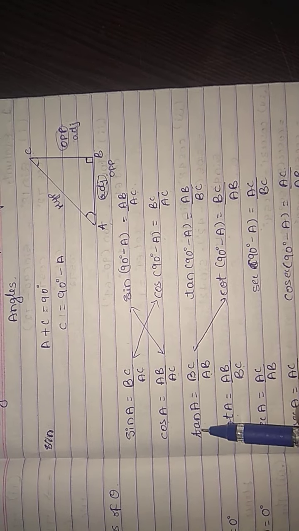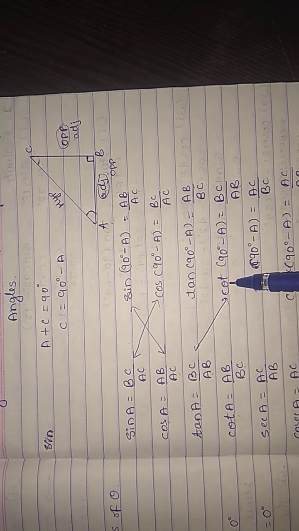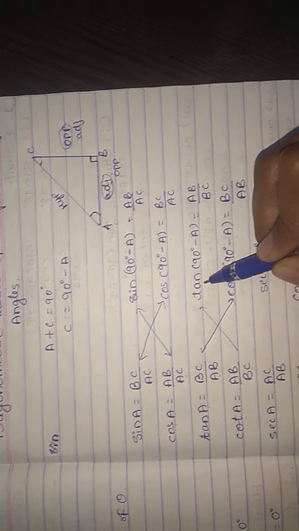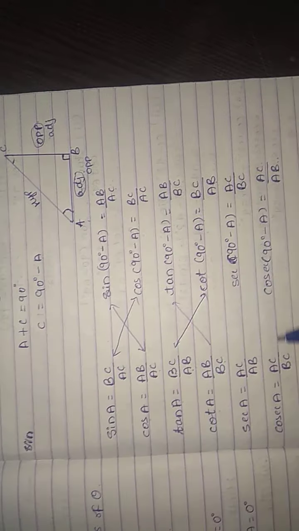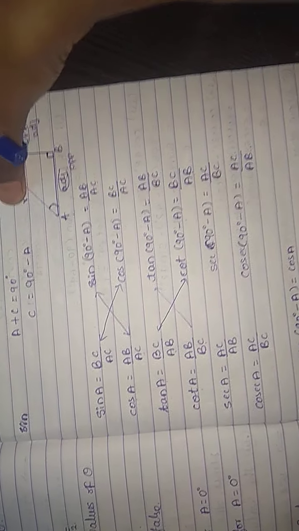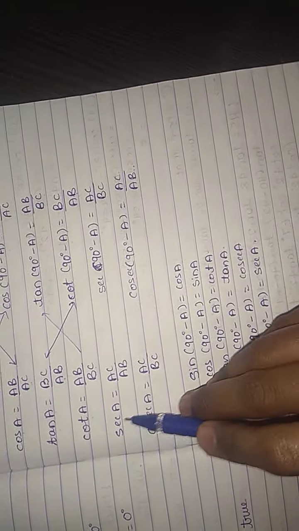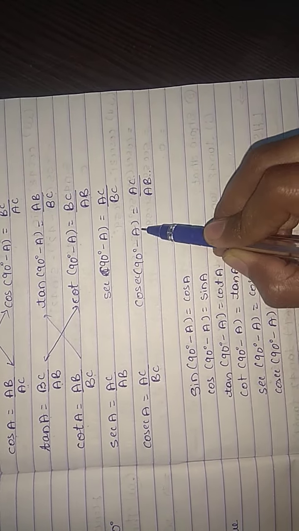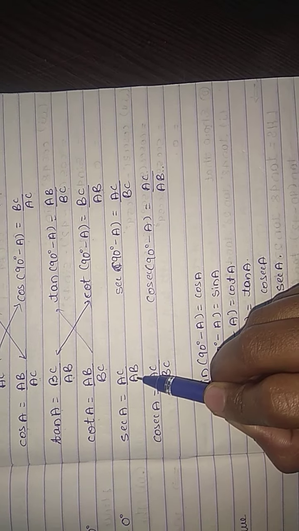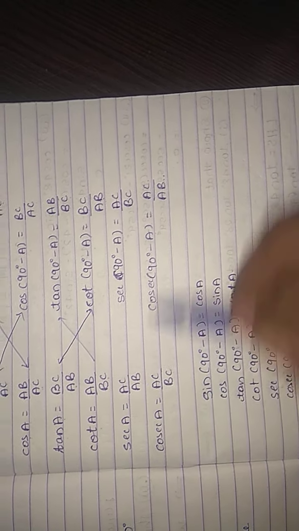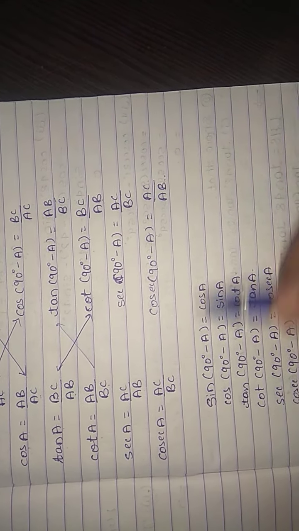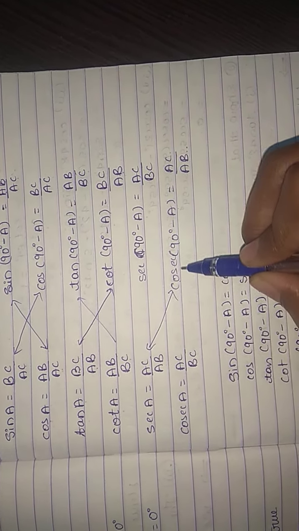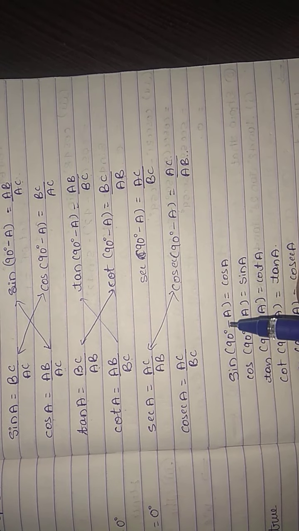Similarly, cot A is equal to tan 90 minus A. Yes or no? See here. These are also equal: sec A is equal to cosec 90 minus A, because AC divided by AB here, and here also AC divided by AB.